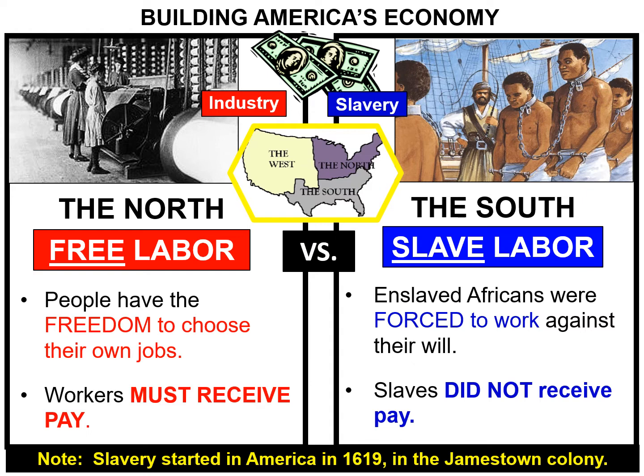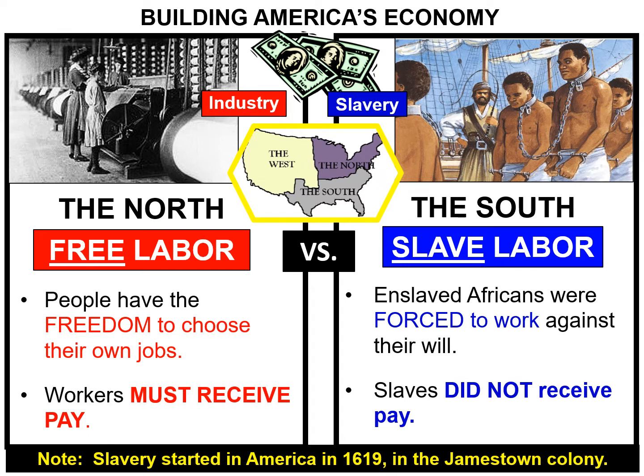Now, in the South, the way that the South built their economy, the way they made money, was mostly through slave labor. Now, with slave labor, that means people were used as slaves. So we have African people or people of African descent were enslaved and then forced to work against their will. They did not receive pay.